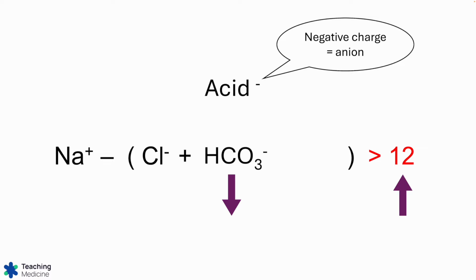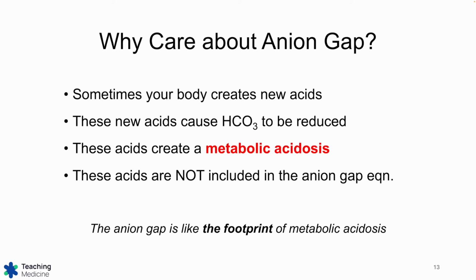And the reason why this happens is because we've got an invisible acid that is showing up, but it doesn't get calculated in the equation. So it's not like we've created additional electrical charge. Everything still remains the same charge, but now we've got an increased gap between the measured positive, which is sodium, and the measured negatives, which is only the chloride and the bicarb. So this is what causes the anion gap to be abnormally increased.